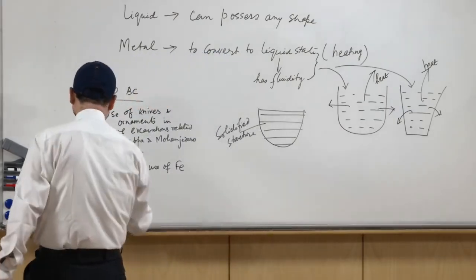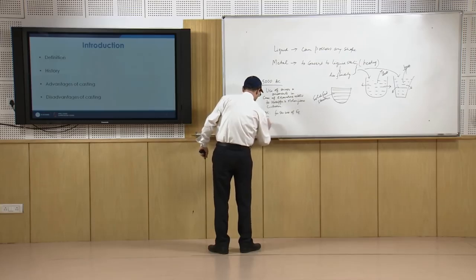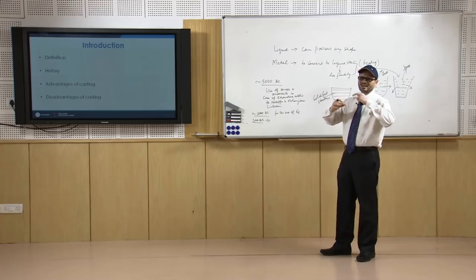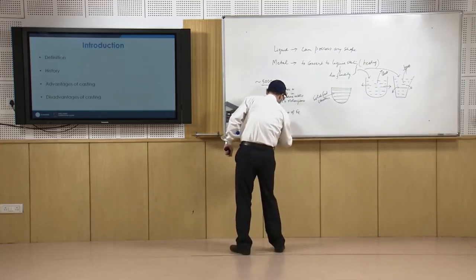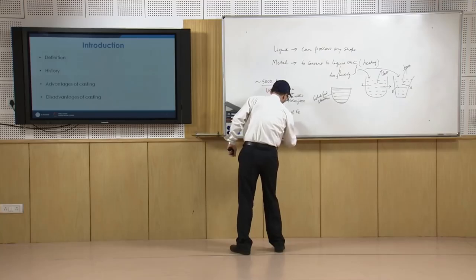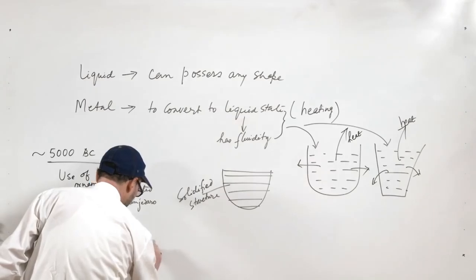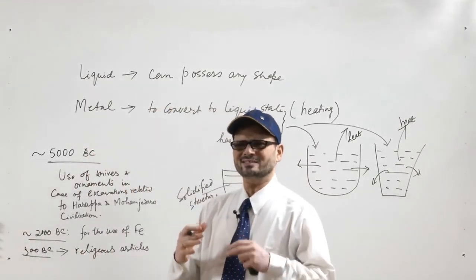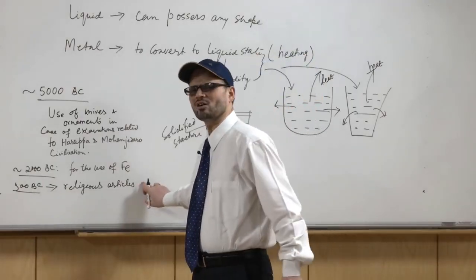Now, in 500 BC, there was something like a revolution in the case of religious articles like the statues of gods and goddesses. They have also been reported and it gained a lot of momentum.